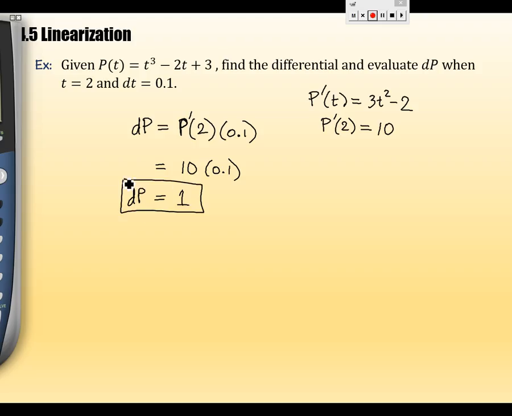We'll say that. But if you actually compute the difference, if you plug in 2 and 2.1 to this function, of course you'll get something a little different, won't you? Because we used the linearization, this idea that we pretended it's linear. So it's not bad. If you compute p of 2 and p of 2.1, I think you'll see the difference is about 1. But that tells us a lot.